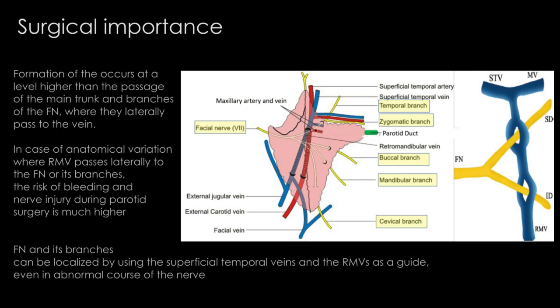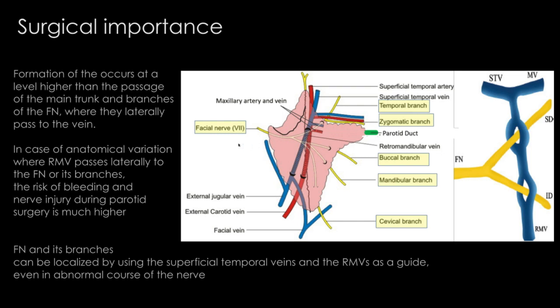Here you can see the formation of the retromandibular vein from the superficial temporal vein and the maxillary vein joining to form the retromandibular vein. This is within the substance of the parotid gland, and here you can see the trunk of the facial nerve is lateral to the formation of the retromandibular vein.